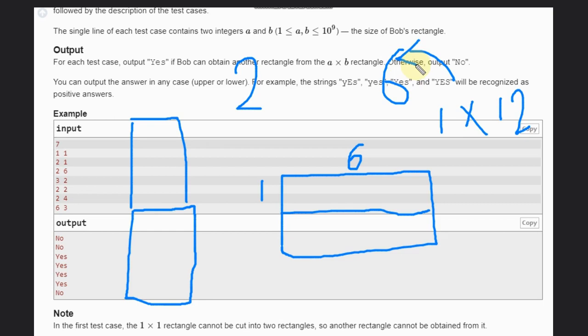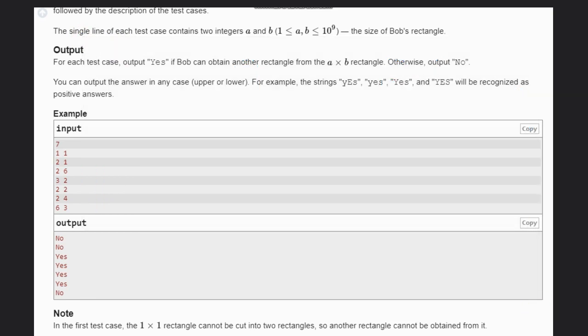And what can be the other possible solution? We can cut into 2 cross 3, like we can divide here. That is also possible. That can be 4 cross 3 as well, by cutting into 2 cross 3 rectangles. So I'll tell you what we can do. We need to balance out the area first, right? 2 cross 6 is 12, obviously.